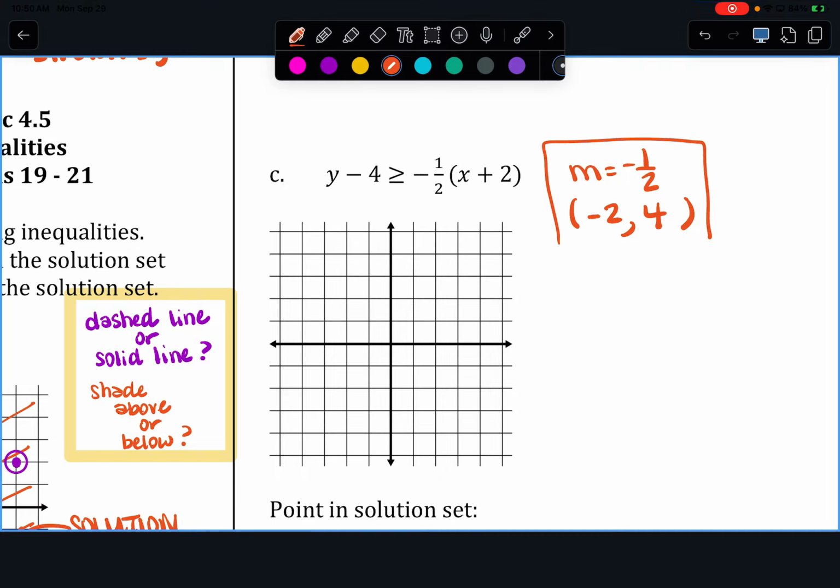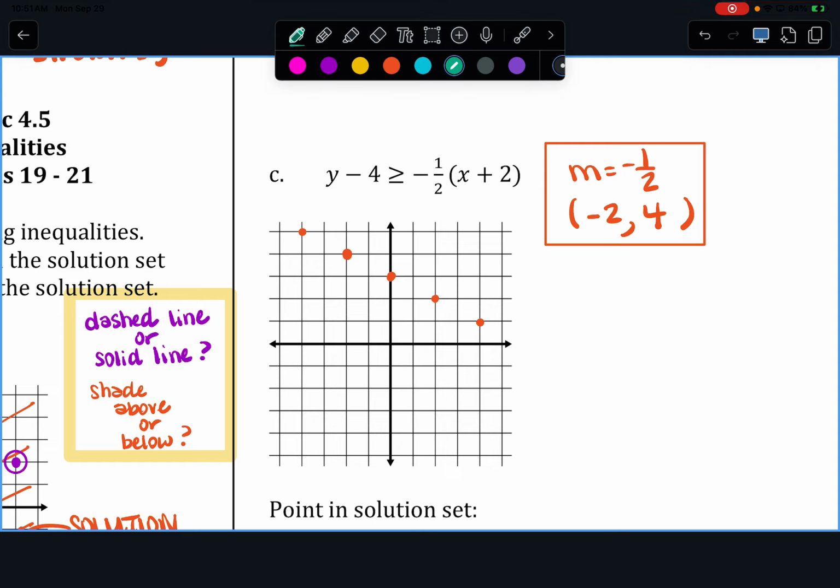So if you don't want to do the work to put it in y equals mx plus b form, you don't have to. Point slope form is just as awesome to graph, right? Because I can just graph the point -2, 4, and then apply my slope of -1/2, which would be down 1 over 2, down 1 over 2, down 1 over 2, etc.